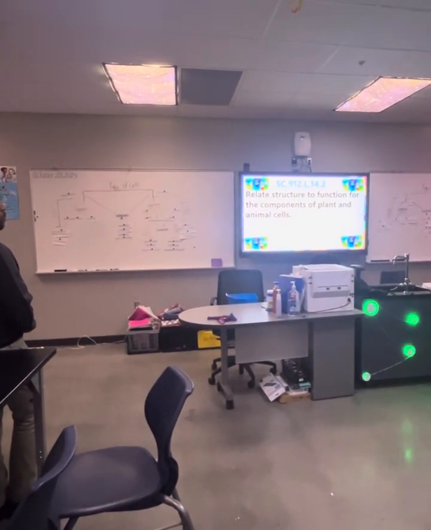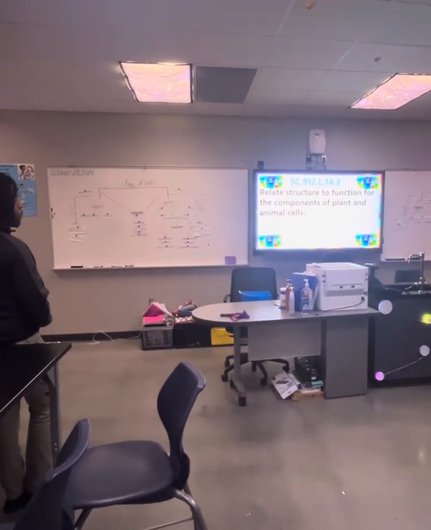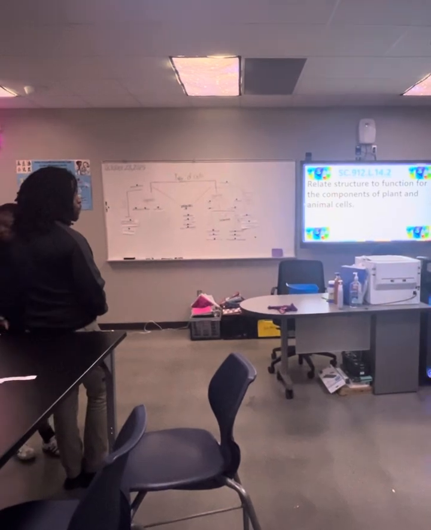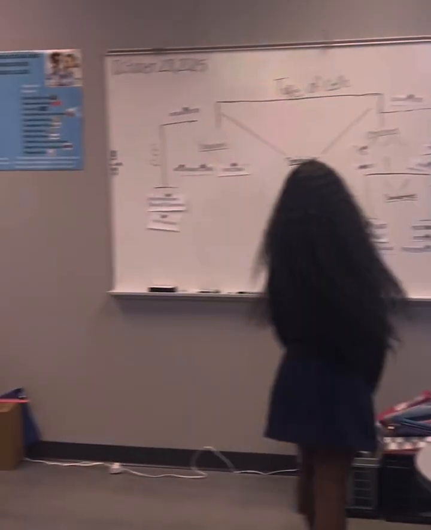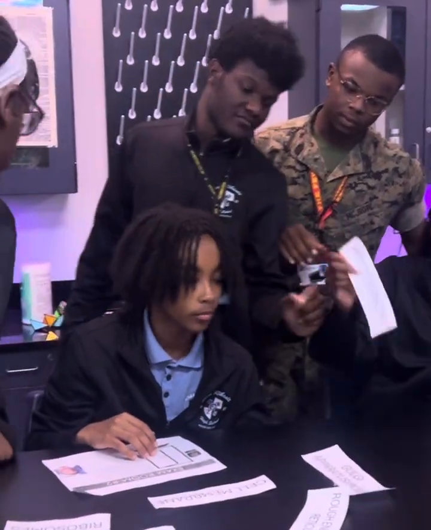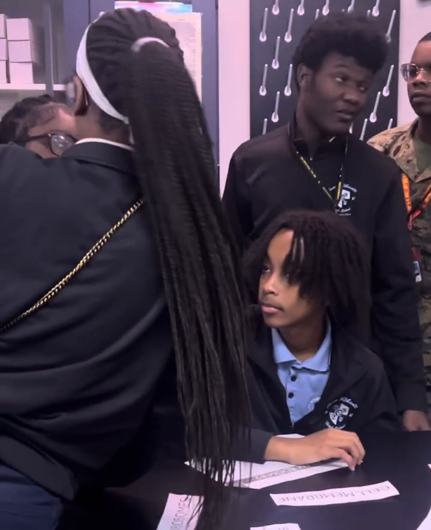Team B, you are missing one thing under animals. Team A, you're missing one thing under animals. Can you figure out what it is? Oh, on the animals? For which one?